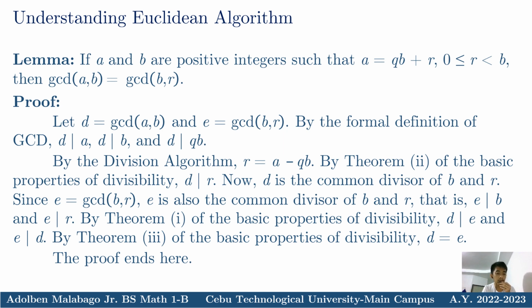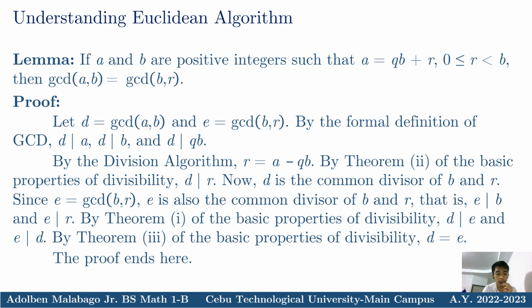Let d equal the GCD of a and b, and e equal the GCD of b and r. By the formal definition of the greatest common divisor, d divides a, d divides b, and d divides qb. And by the division algorithm, r equals a minus qb.